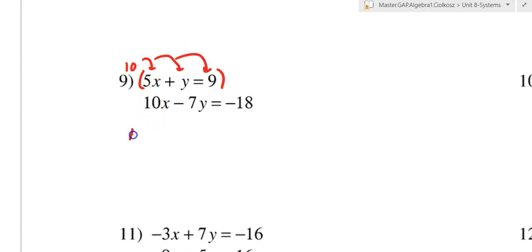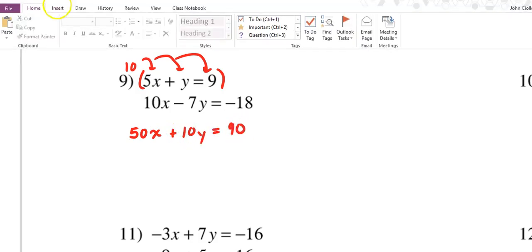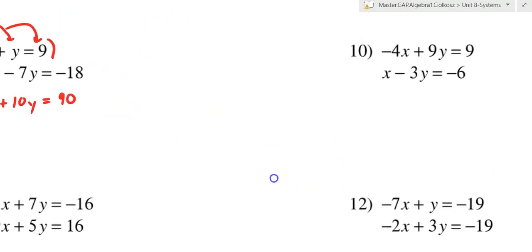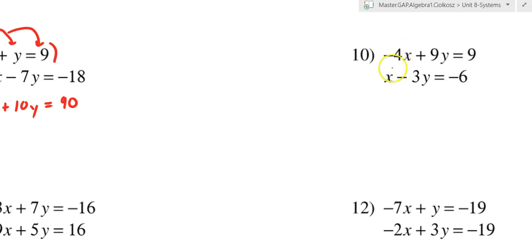So, that gives me 50x plus 10y equals 90. On the bottom, now, since they're both positive, I know I'm going to need a negative. If one of these x's was already negative, then we wouldn't have to do this, because one's already positive and one's already negative.